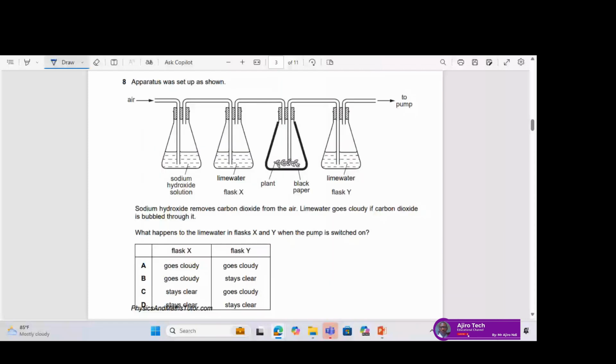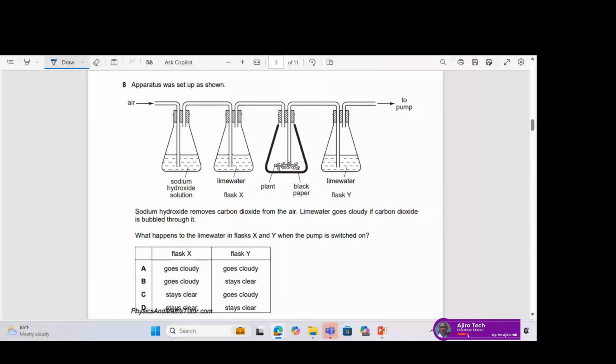Now the question is, what happens to the lime water in flasks X and Y when the pump is switched on?